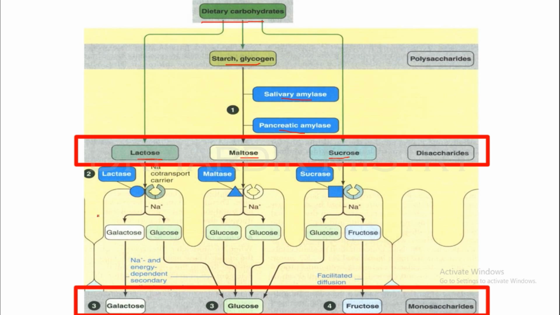On the luminal surface of the mucosal cells, there are different enzymes present which convert disaccharides into monosaccharides. Lactase converts lactose to galactose and glucose, maltase converts maltose to glucose and glucose, and sucrase converts sucrose to glucose and fructose. So finally we have three different monosaccharides: galactose, glucose and fructose.